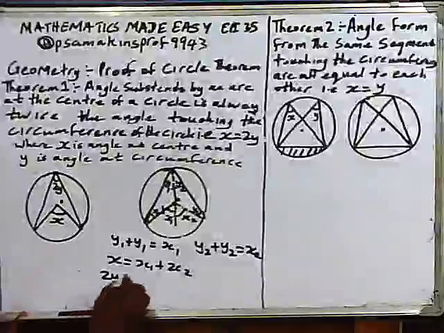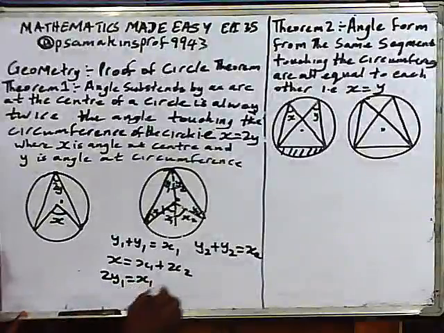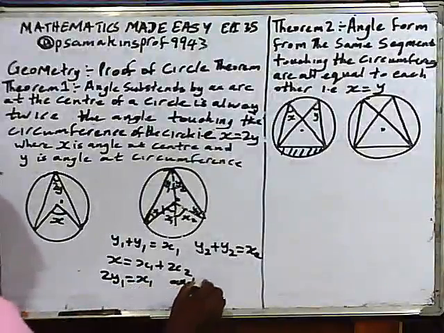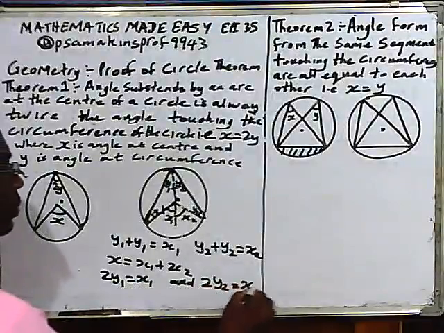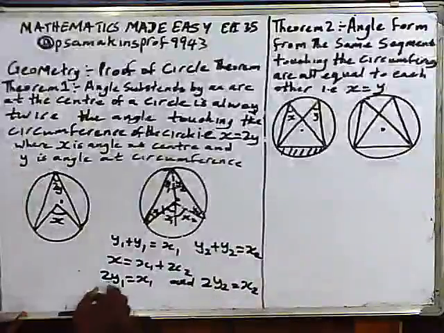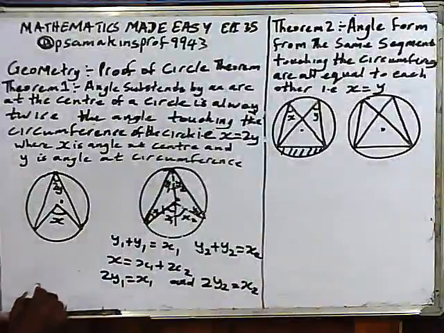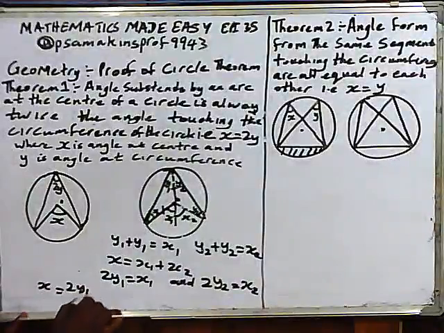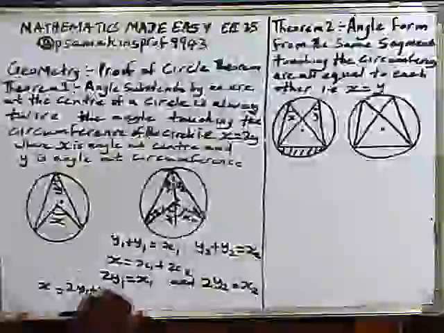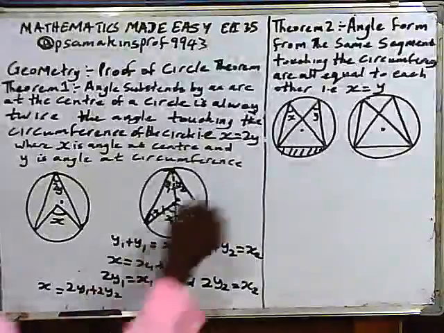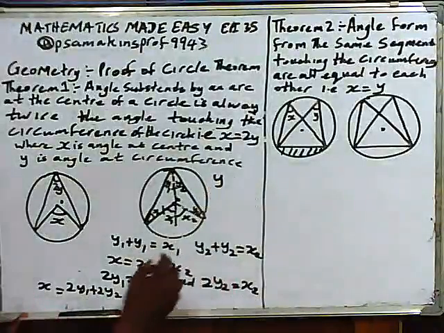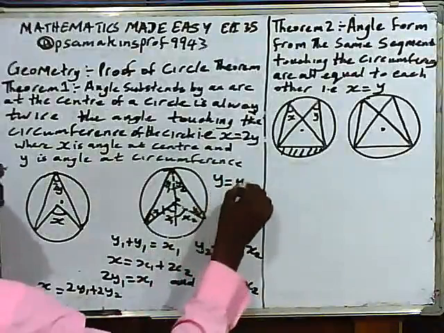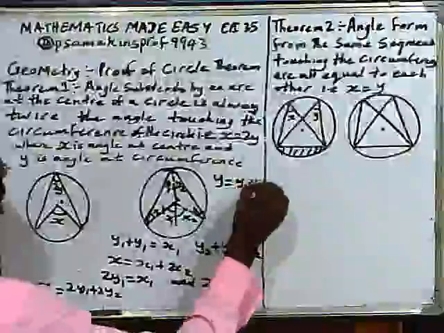So therefore, to prove it now, since x1 plus x2 is x, that means 2y1 will be equal to x1 and 2y2 will be equal to x2. If we now pair them together, that means x will now be 2y1 plus 2y2. Don't forget that our y is equal to y1 plus y2.